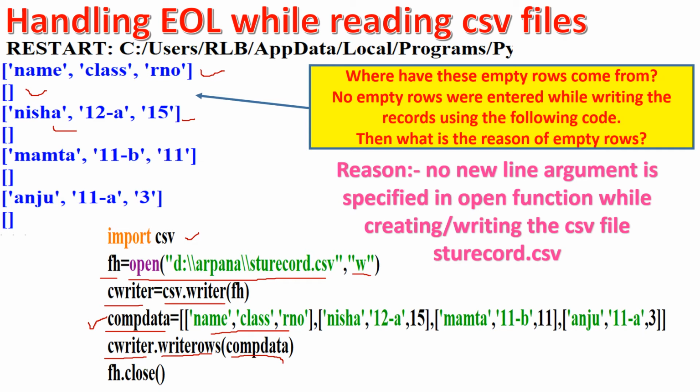This data will be written in the file, that is stu_record.csv. Finally you will close the file. If you execute, these details will be written, and on reading, this is how the details will be printed. So how to handle this situation?